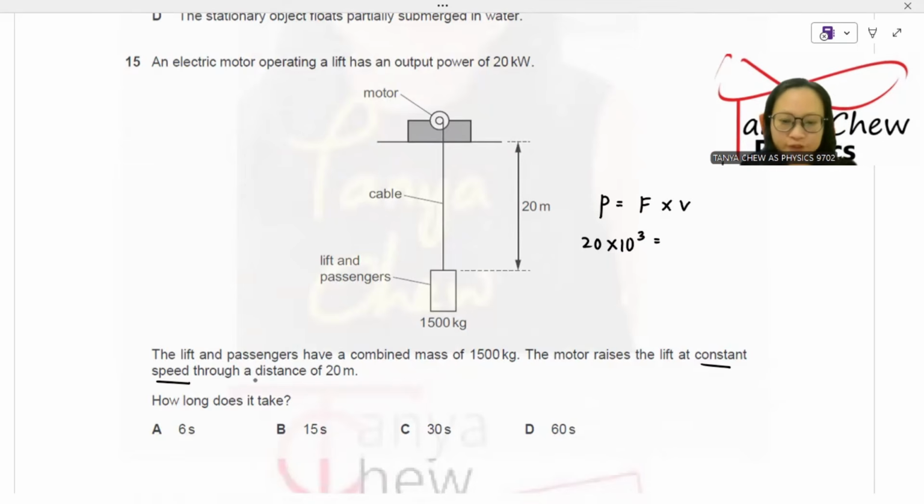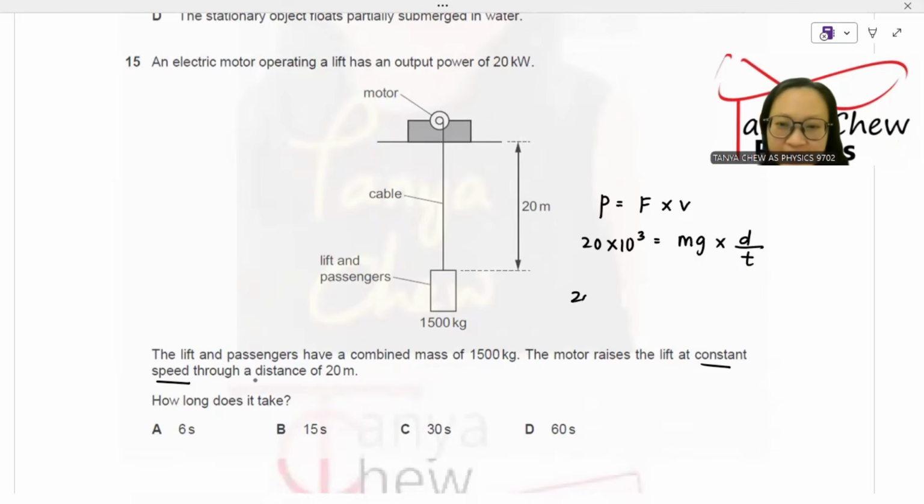And the force, because it is lifting the object up, must be the weight of the object, mg. Now, because the whole system, the motor, is moving at constant speed, you can use speed is equal to distance over time.